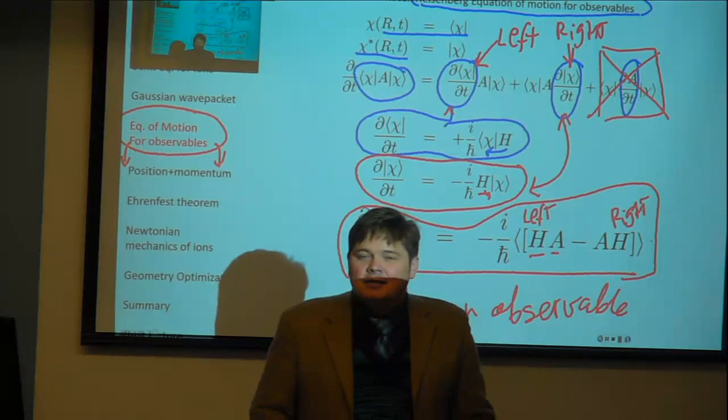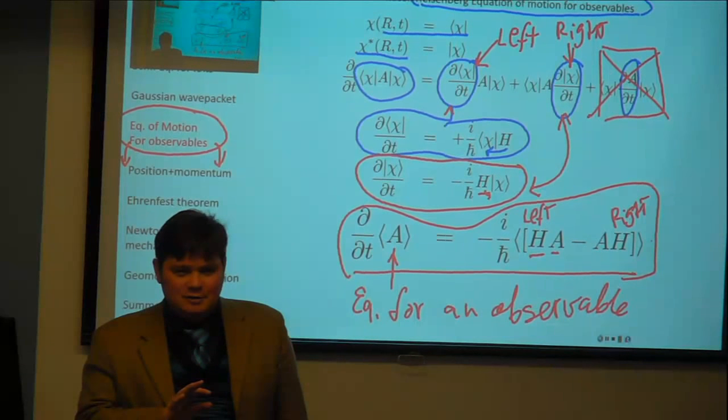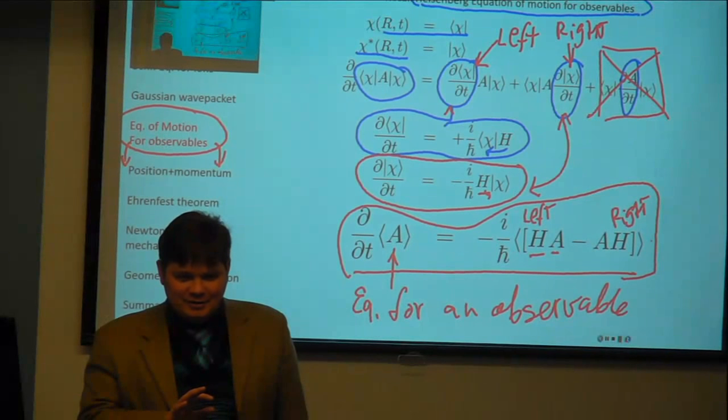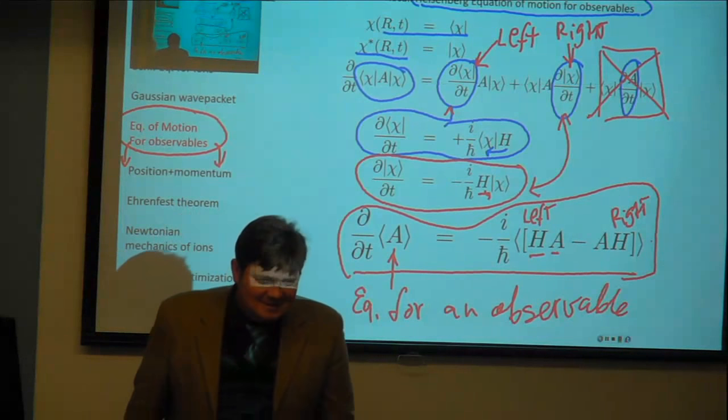What is not equal to 0? HA minus AH. Do you get my question? Yes, I got your question very well. And I have an idea how to answer it. I'm just finding the best and quickest way.